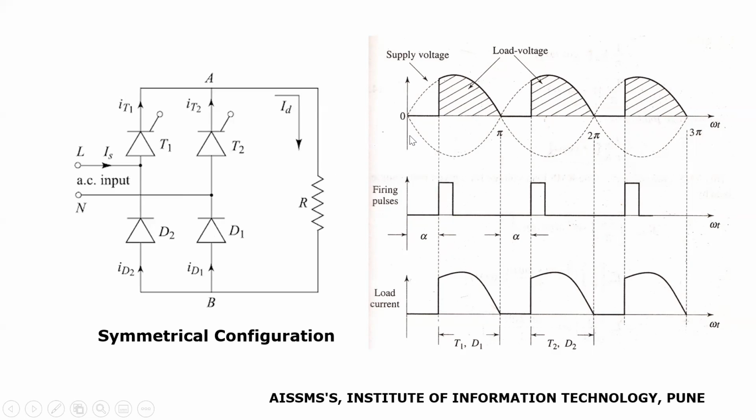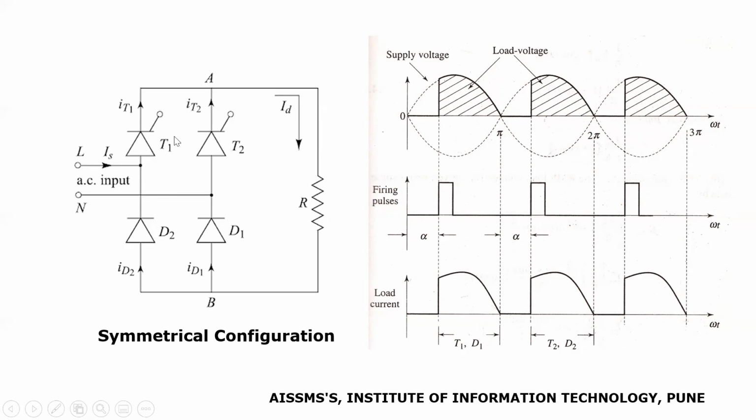So from instant omega t equal to 0 to instant omega t equal to alpha, this thyristor T1 acts like an open switch, and hence there will be no connection between the load and the source, and hence no current will be flowing from source towards load and no voltage will be applied to the load. So if we observe here, then during this particular time period, output voltage will be 0 and output current is also 0. At instant alpha, triggering pulse is applied to T1.